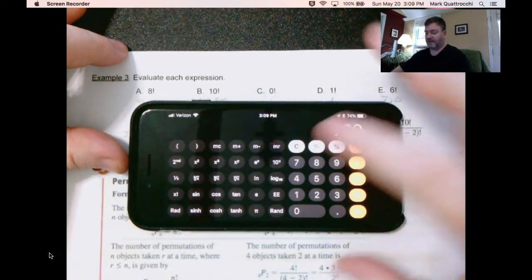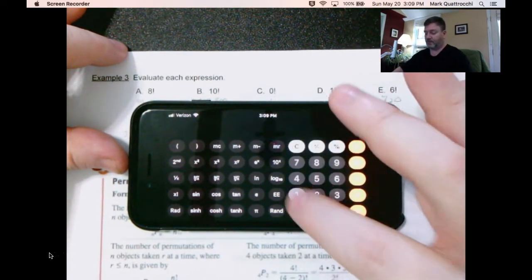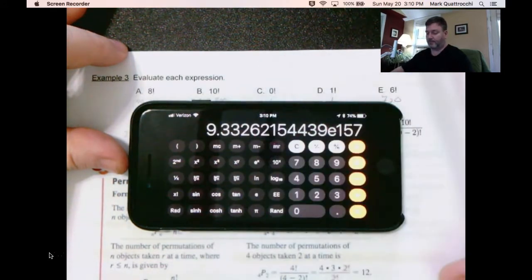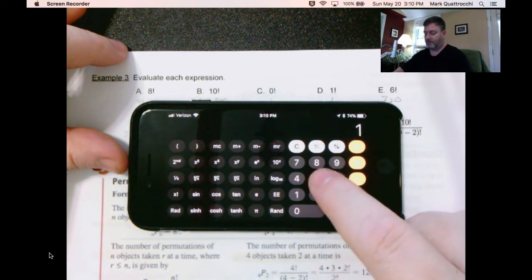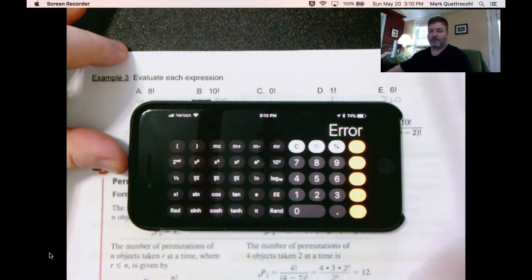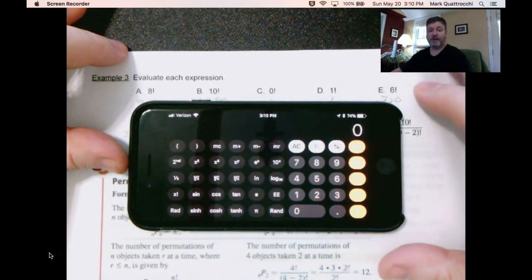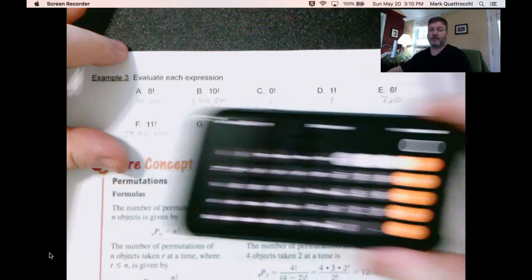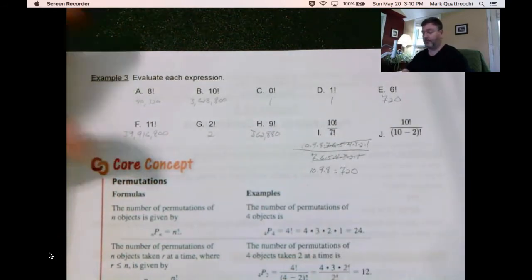But sometimes there are factorials that our calculators can't do. For example, if I try to do 100 factorial, this calculator will do 100 factorial, but it won't do 150 factorial. Most of your calculators won't go over 69 factorial. They won't do a 70 factorial. So once you get a number that is too big to even do in your calculator, you have to find some way to cancel things so that we can get down to a number that our calculators can do.